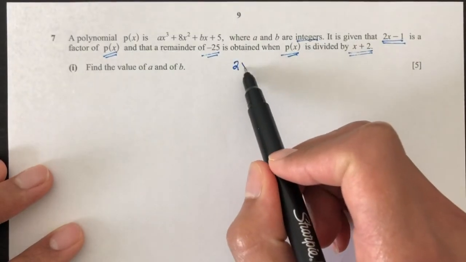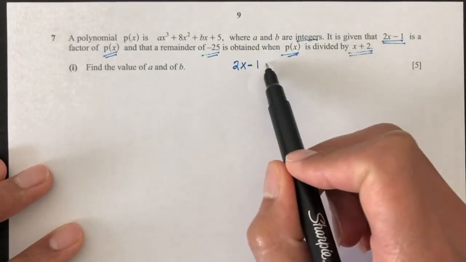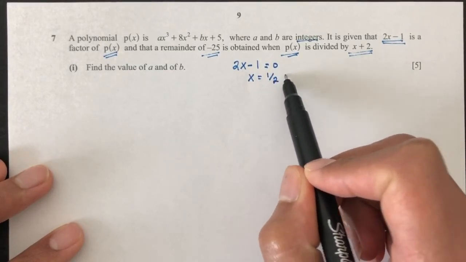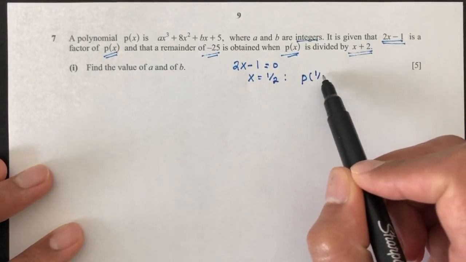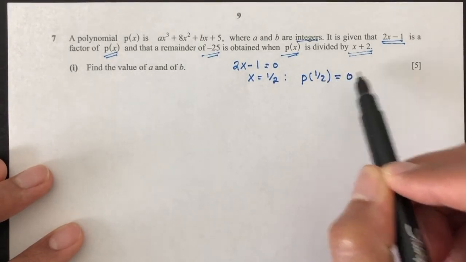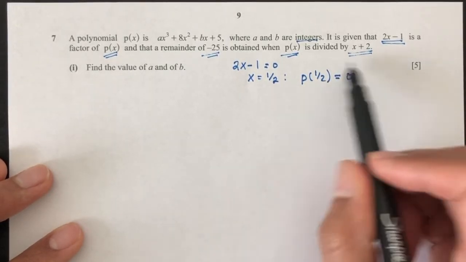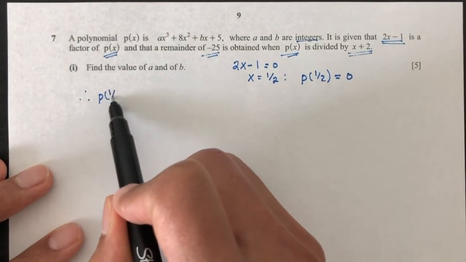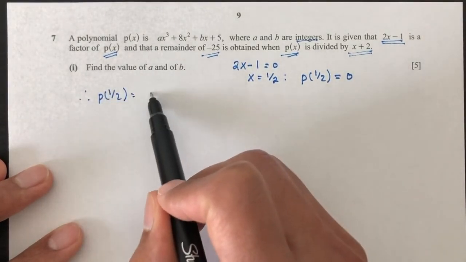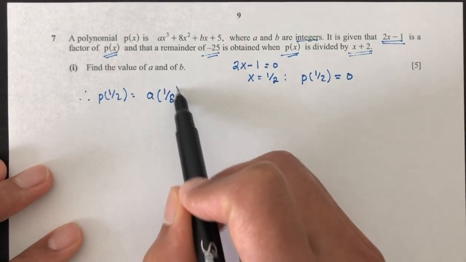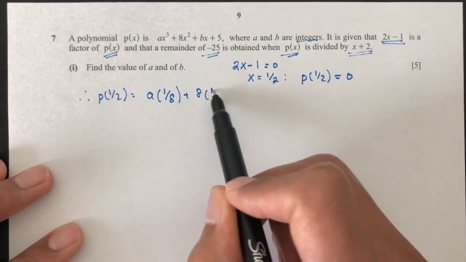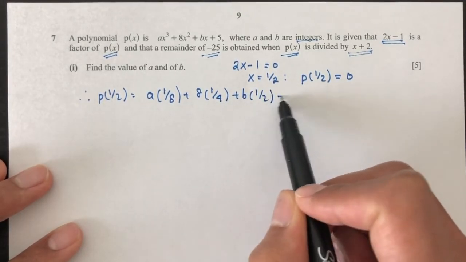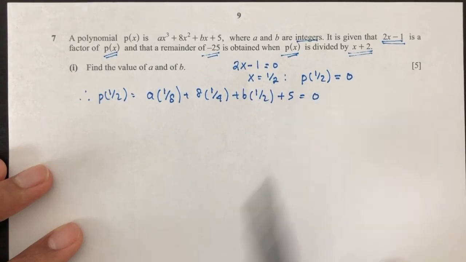For the first one, it is given that this is a factor. When something is a factor, it means that it is divisible exactly by this. So we set 2x minus 1 equal to 0, so x will be half. It means that p of half is equal to 0. So that's the first thing we need to know. P of half is a times 1 over 8 plus 8 times 1 over 4 plus b times 1 over 2 plus 5 equal to 0.